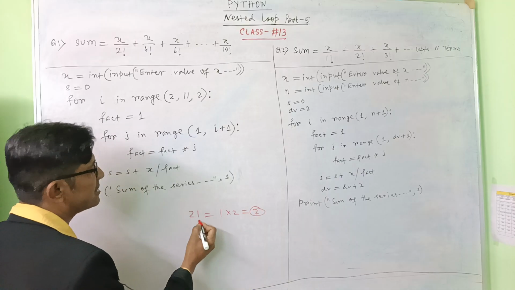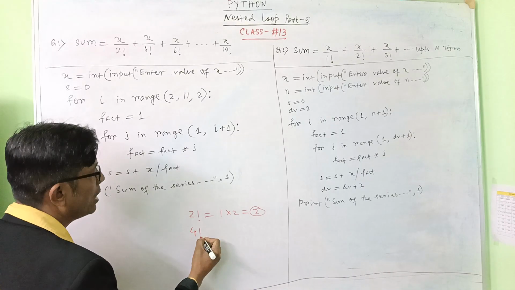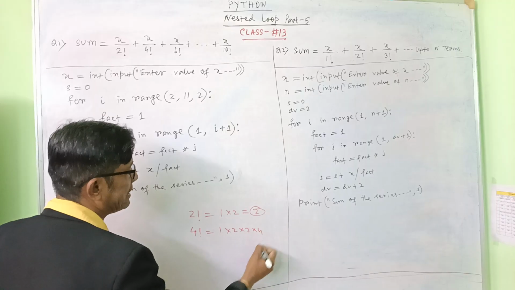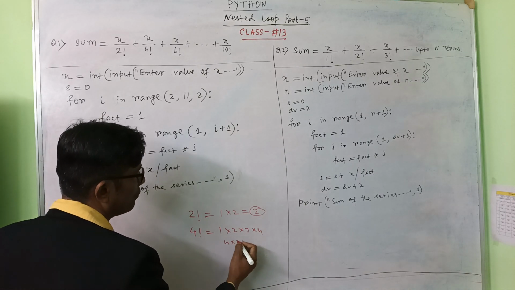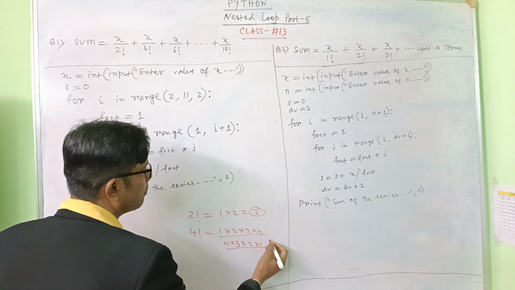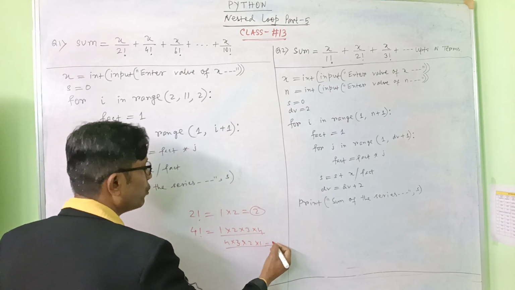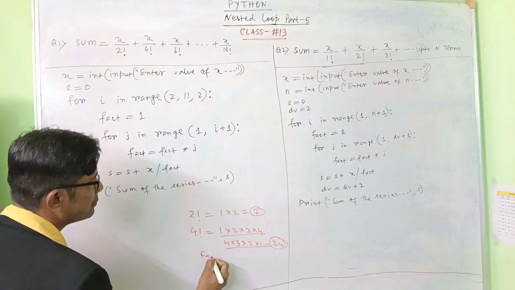If the factorial of 4, that means it is 1 into 2 into 3 into 4, or we can write in reverse, 4 into 3 into 2 into 1. Anyway, when you multiply, 4 into 3 is 12, 12 into 2 is 24. So the result is 24. It is called the factorial, F-A-C-T-O-R-I-A-L.